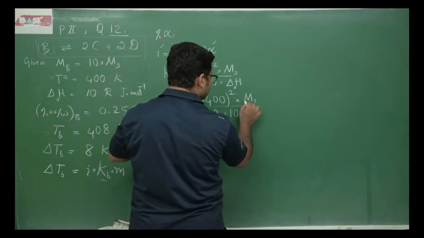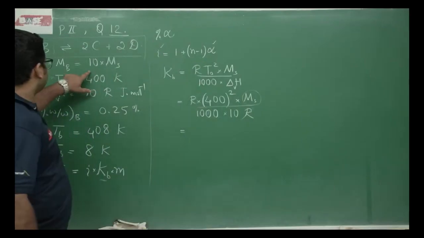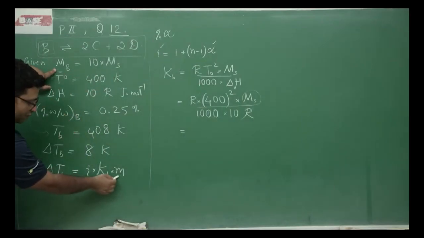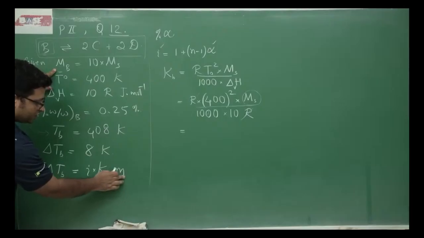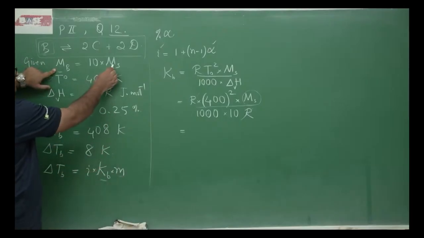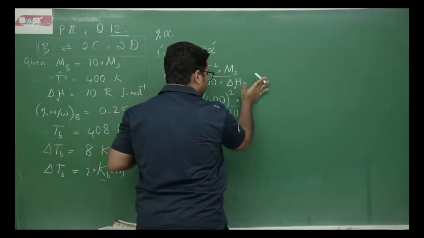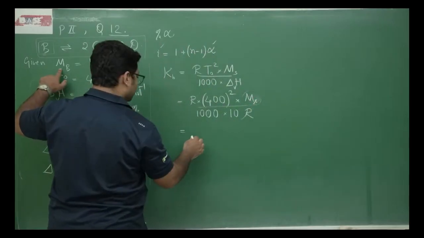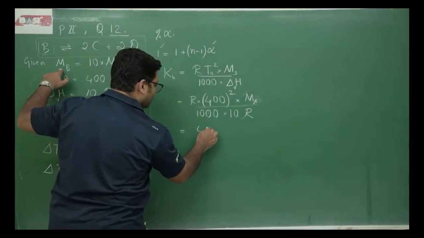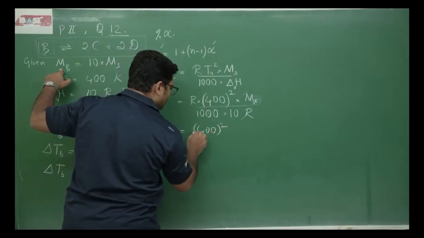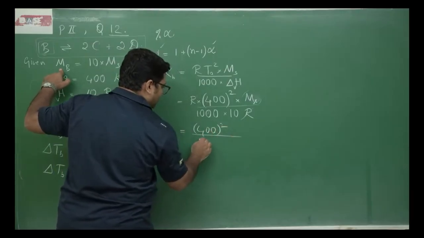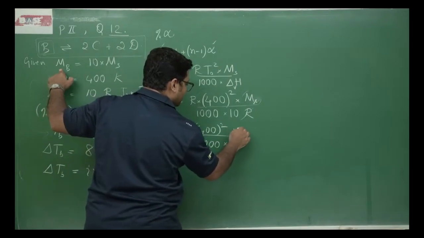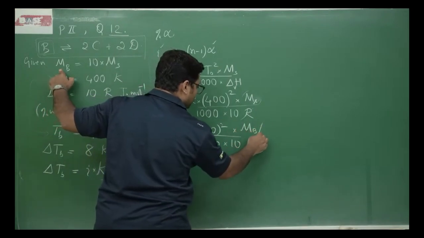We shall replace the molar mass of solvent in terms of molar mass of solute, because in the molality we'll be using the molar mass of solute. Solvent's molar mass is 1/10 of the molar mass of solute as per the given condition. So we have 400 squared whole divided by 1000 into 10, into molar mass of solute divided by 10.